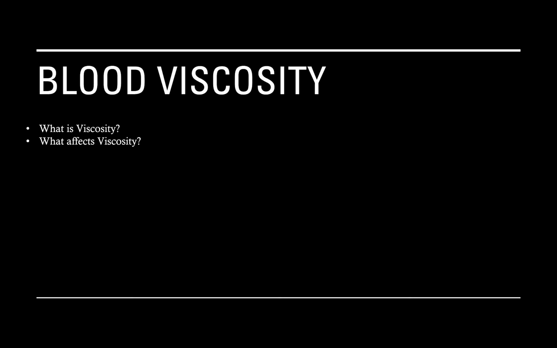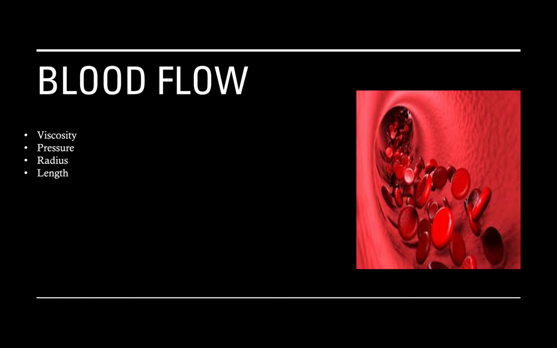If your body begins to overproduce red blood cells, those red blood cells add to the viscosity of blood, so more of them in your blood would cause your blood to become thicker or more viscous, as well as any agglutination of your blood cells. When they clump together, that can cause increased viscosity as well.